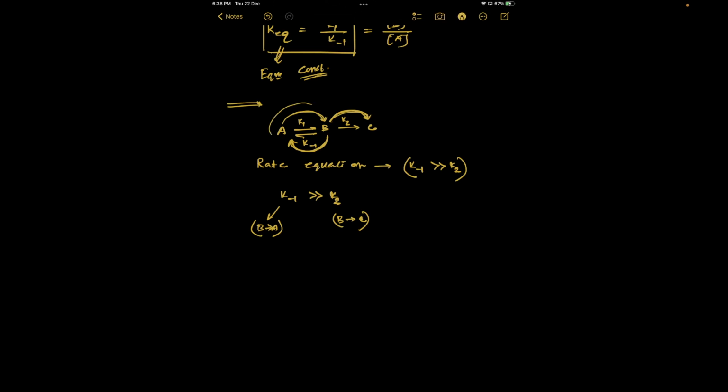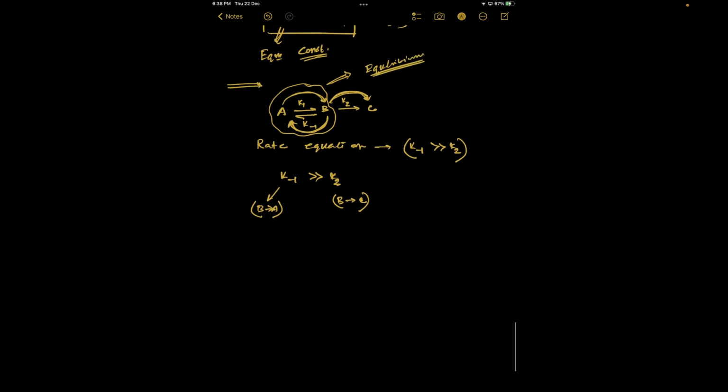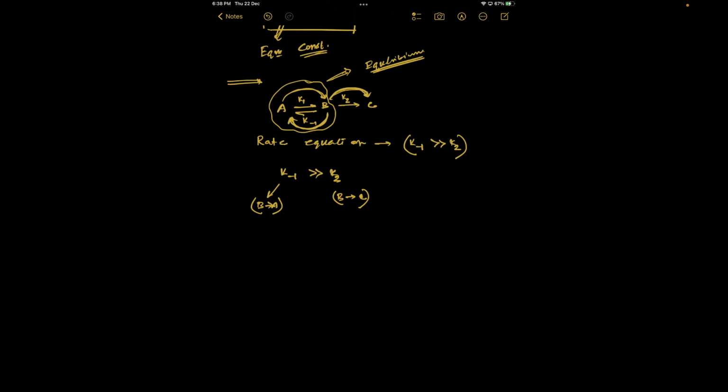That means these A and B molecules are in equilibrium with each other, right? So let's say the equilibrium constant is K equilibrium, which will be K1 divided by K minus 1, which is the concentration of B divided by concentration of A, right?